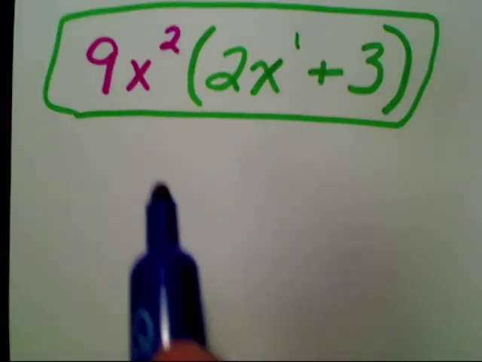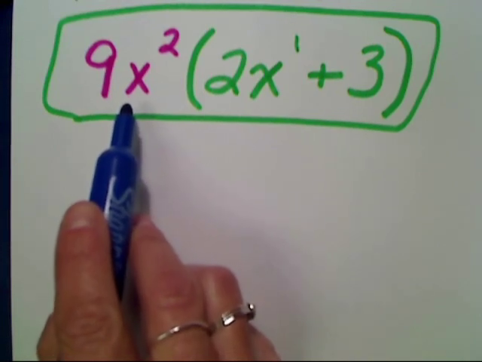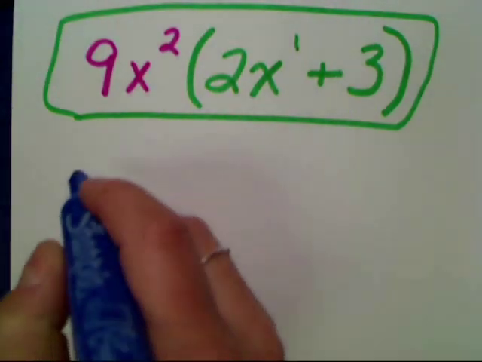Let me talk a little bit more about those variables. The greatest common factor when it comes to variables is your smallest exponent.